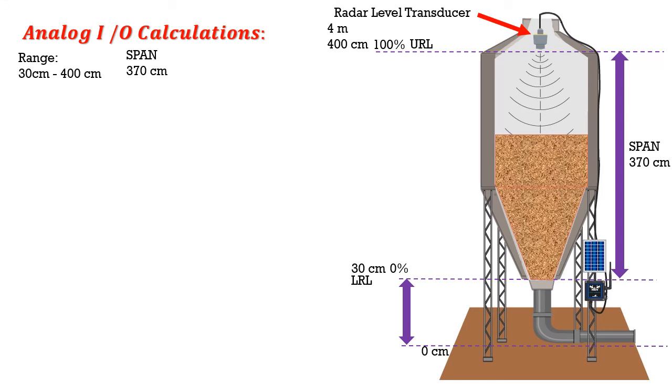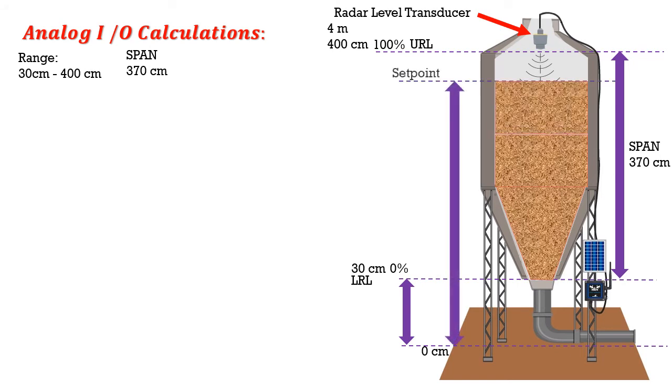Let's do one more example. And this is one that sometimes catches people off guard. Again, we have a span of 370 centimeters. Let's add some more grain, but now the set point is at 370 centimeters. But as you can see by the diagram, there's still a 30 centimeter offset from the lower range limit.